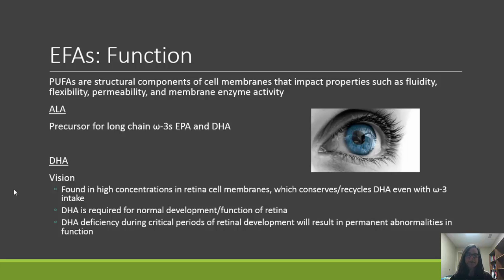So there's this system in place to conserve and recycle DHA, and it's required for normal development and function of the retina. Researchers have found that DHA deficiency during critical periods of retinal development can result in permanent abnormalities in vision.